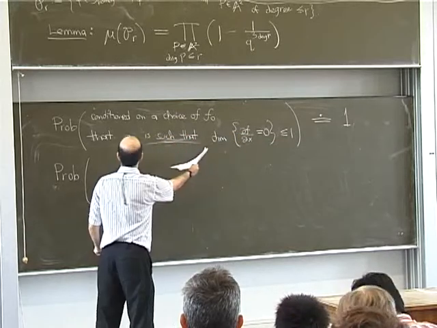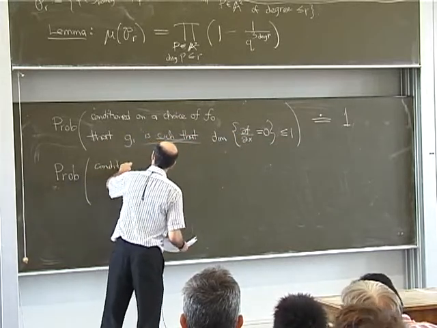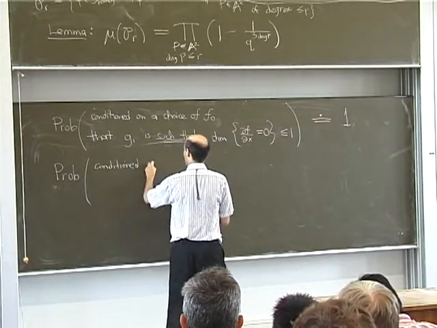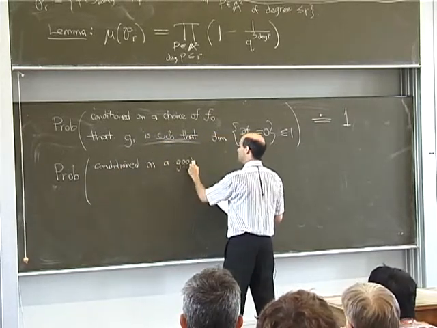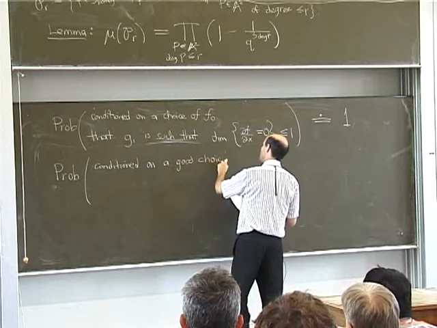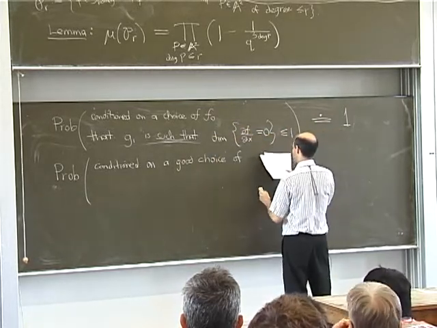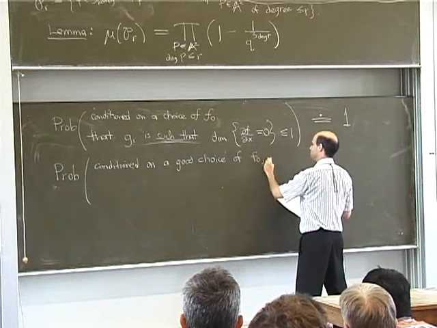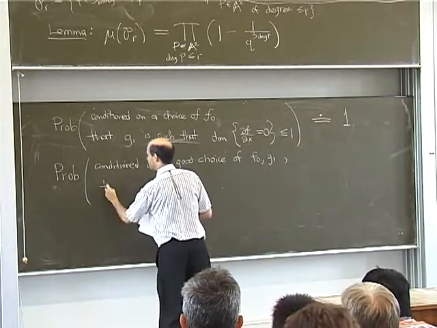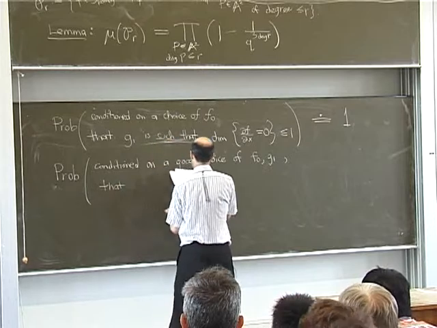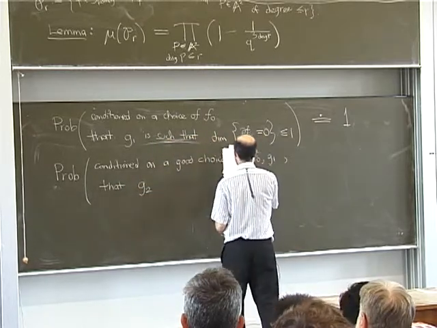Suppose that I'm in this situation already, conditioned on a good choice, meaning good means that it passed the previous test of g. What's the probability that when I put in the next condition, I get something that's at most 0 dimensional?